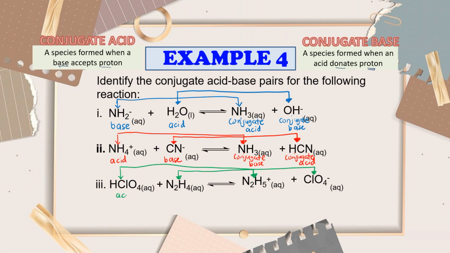So this is an acid, and the product formed is the conjugate base. Next, N2H4 becomes N2H5 plus, which means N2H4 accepts a proton. Therefore this is a base, and the product formed is the conjugate acid.